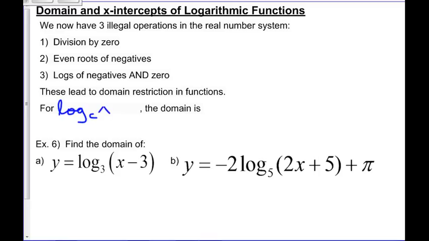It could be, let's imagine that it's some poorly drawn unicorn, and that's some function of x. Whatever we're taking the log of, even if it's the poorly drawn unicorn, the domain is going to be that thing has to be greater than 0, assuming it has to do with x. So whatever we're taking the log of needs to be greater than 0 in the domain.